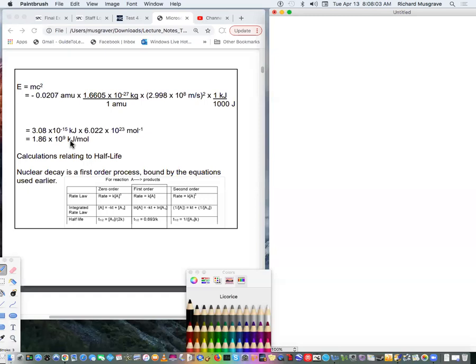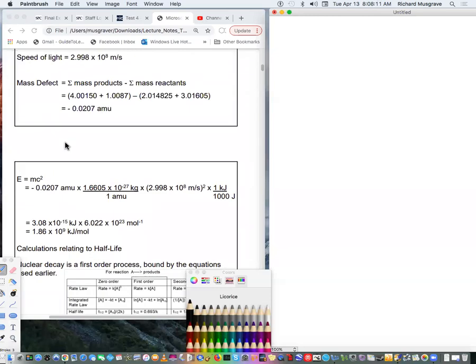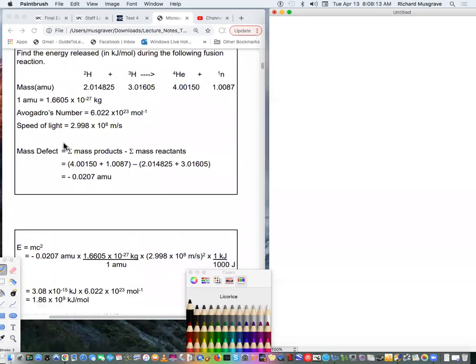This is why processes like fusion are so attractive, because they create large amounts of energy from very small amounts of material, much smaller amounts of material than any chemical processes that we know of. The problem is getting these 2 things to actually interact and join together.